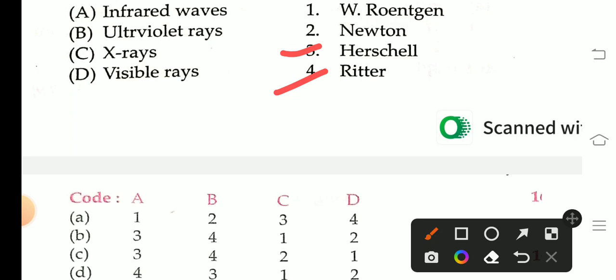X-rays, William Roentgen. Visible rays, Newton. Right answer will be option B.